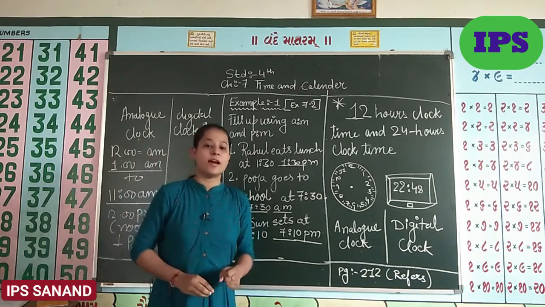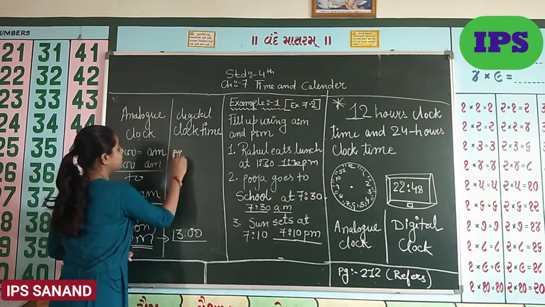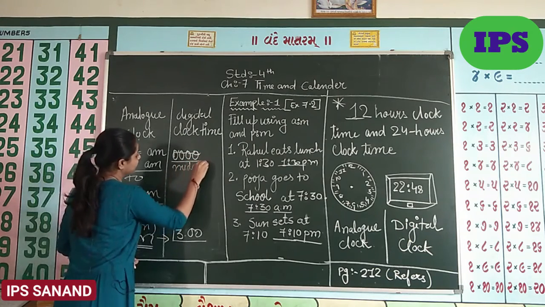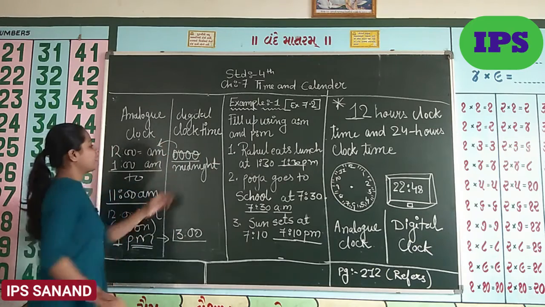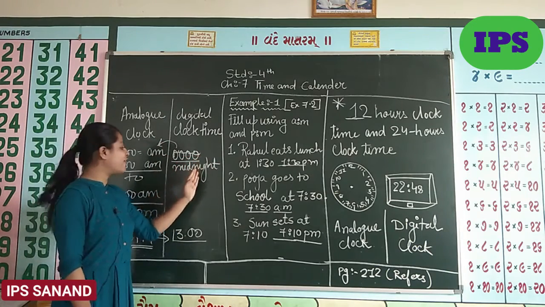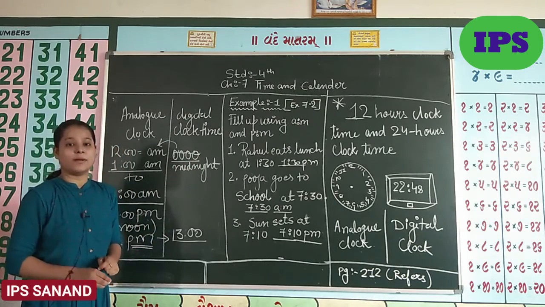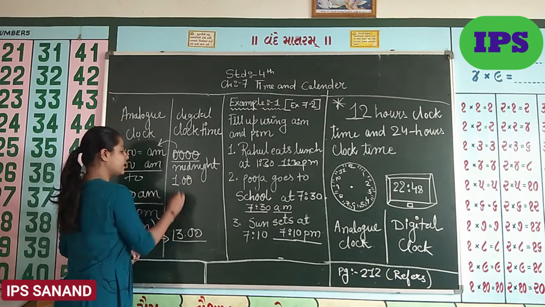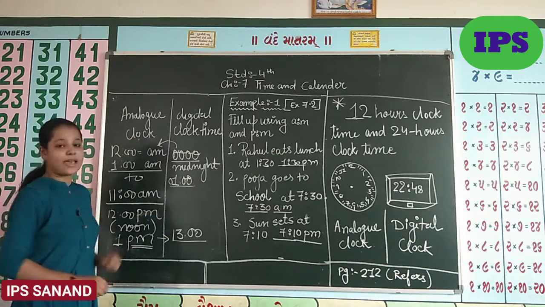Okay, now at 00:00 of midnight we will get to know it is 12 AM. At this time we will get to know it is 1 AM.